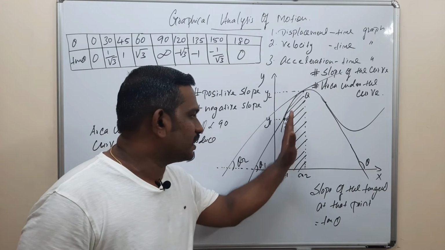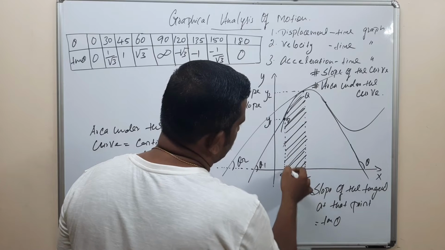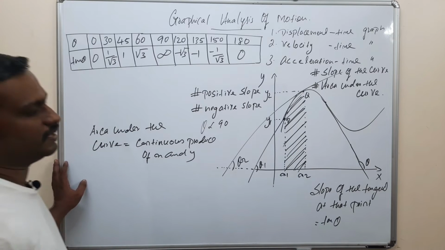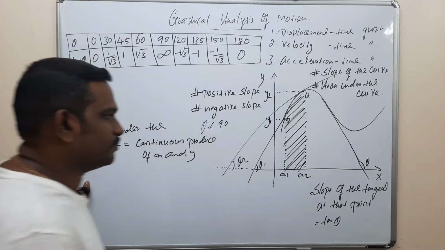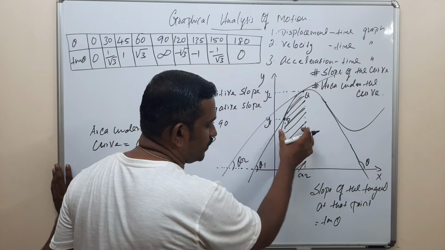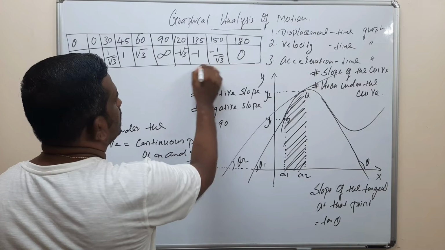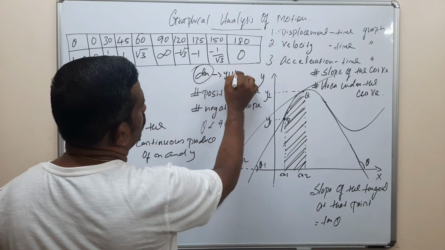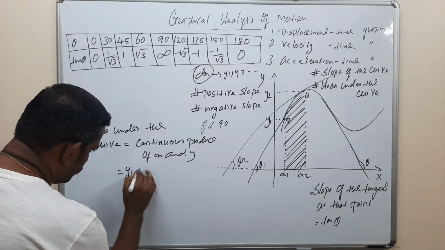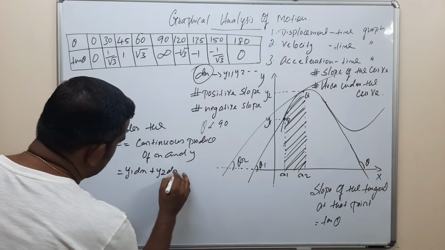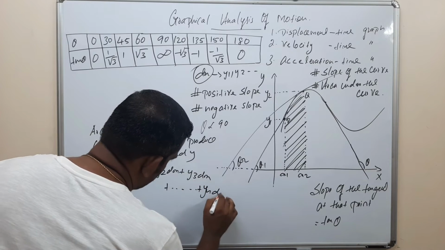Suppose this area consists of n number of strips, each having the thickness dx and the corresponding y values are y1, y2, etc. Then the area under the curve is y1 into dx plus y2 into dx plus y3 into dx plus etc. plus yn into dx.